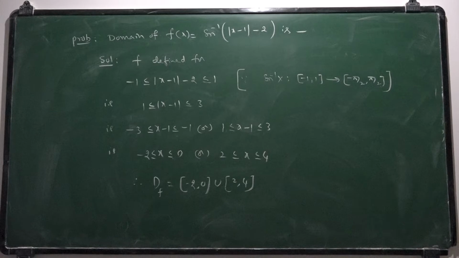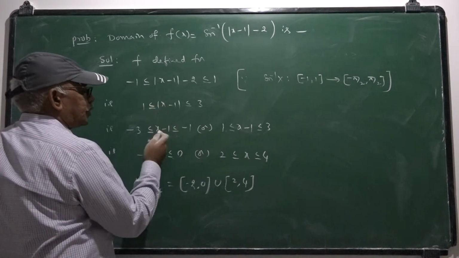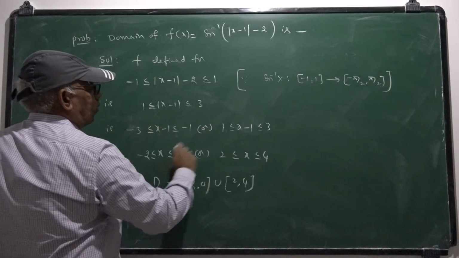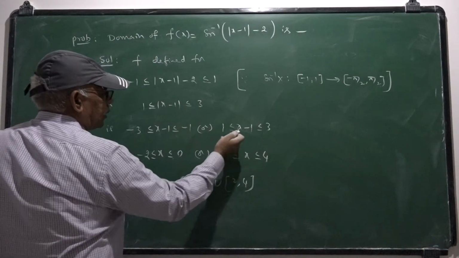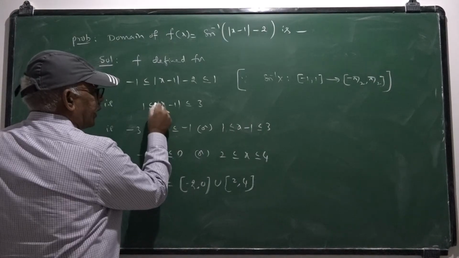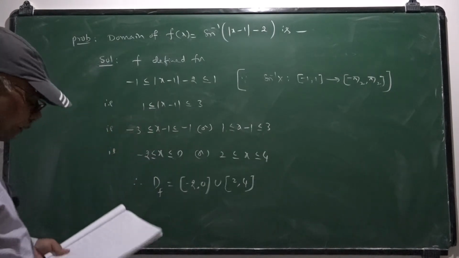Okay. Since modulus, once you remove modulus, either x minus 1 lies between 1 and 3, provided that this is positive, hence x lies between 2 and 4. Once it is negative, taking minus, x minus 1 lies between minus 3 and minus 1.